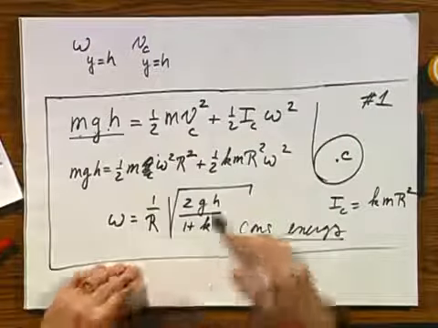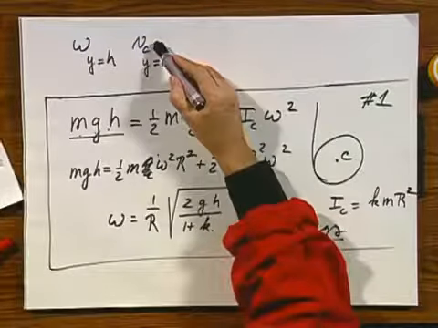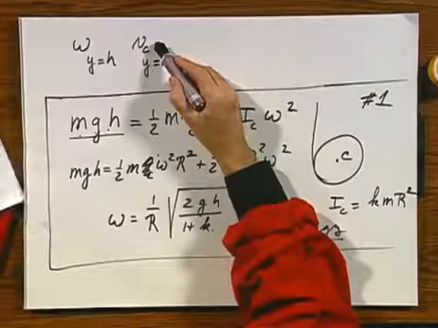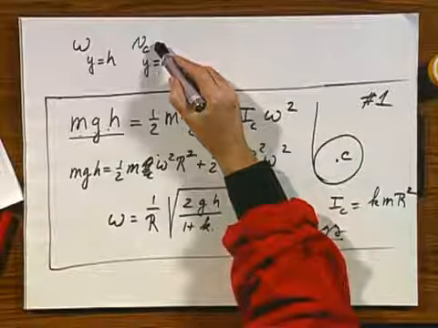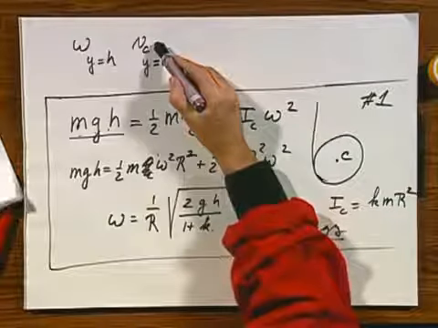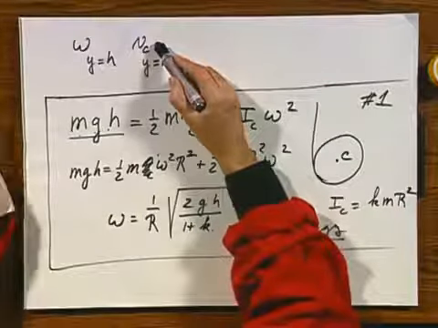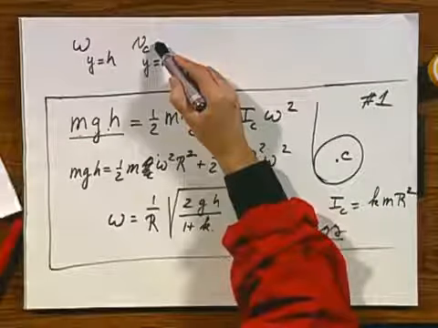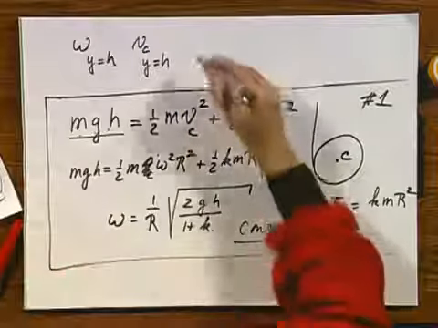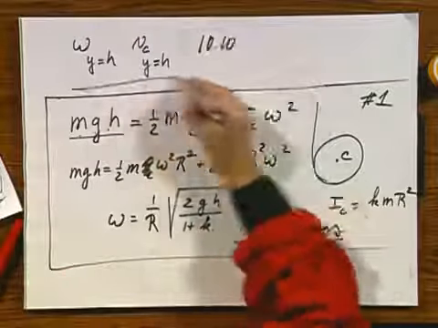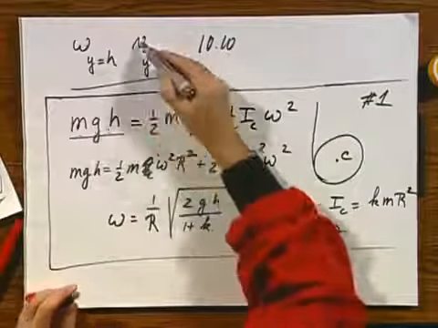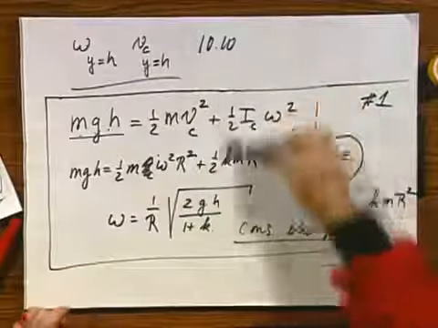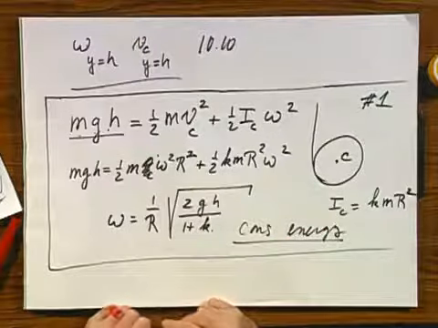And I would advise you, in the case of this problem that we're dealing with now, which is problem 10.10, if you want to calculate what omega is at y equals h, or the center of mass velocity at y equals h, I would recommend you use this technique.